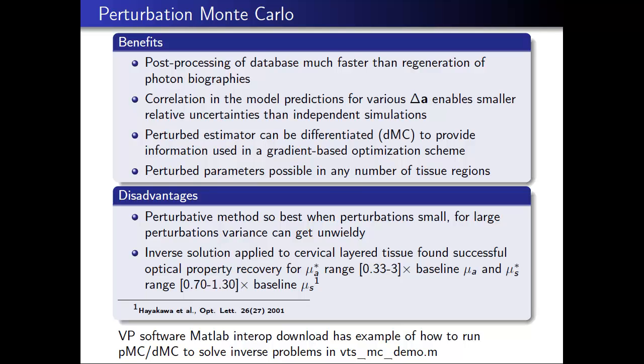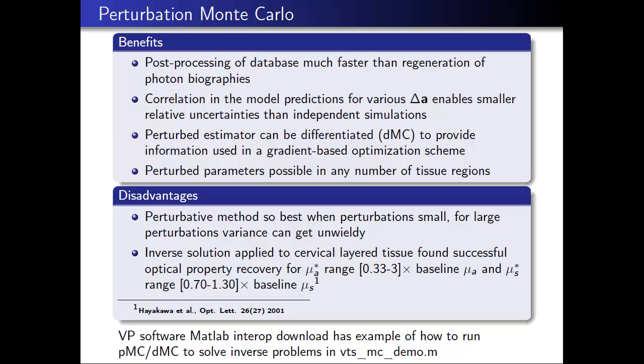Now you're using the same set of random walks, you're applying the weight factor, and so you're getting correlation, and this correlation actually identifies the effect of that perturbation in a stronger way with less uncertainty than if you were to have run an independent simulation. So there's a double benefit there. And this perturbed estimator can be differentiated to provide differential information that you can feed into a gradient-based algorithm.